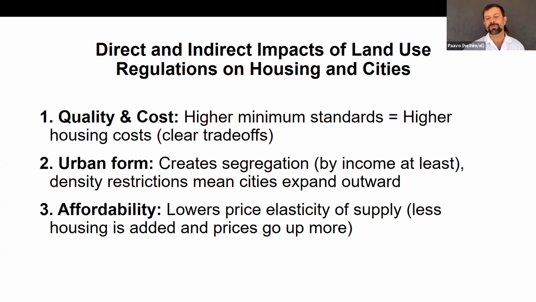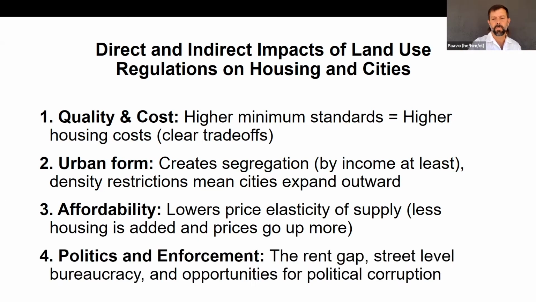So both density restrictions and complex processes for housing approvals make it more difficult to build new housing when demand increases. So this is something I'll explain in greater detail. And the final one that I'll maybe spend less time on, I think is very interesting, but it's perhaps not such a focus of this course, is the impact on local politics.